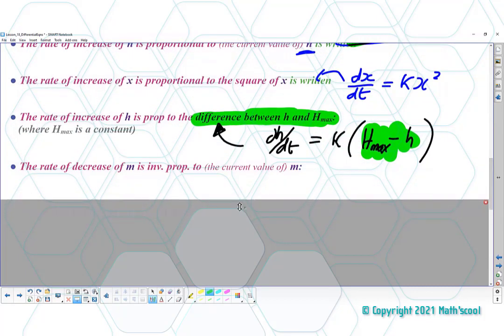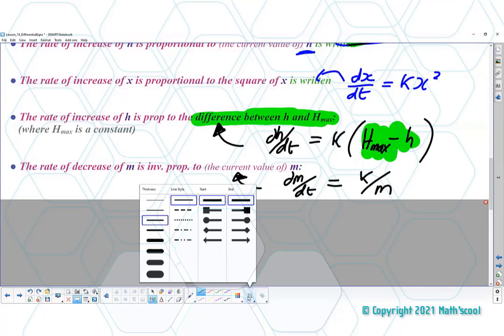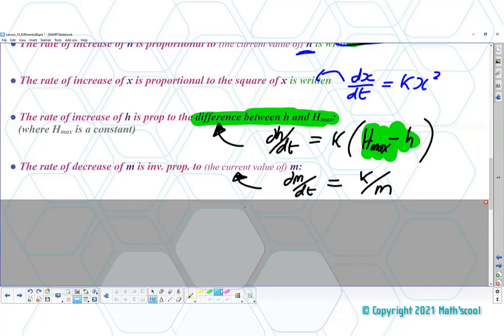The rate of decrease of m is inversely proportional to m. dm by dt equals minus k over m.